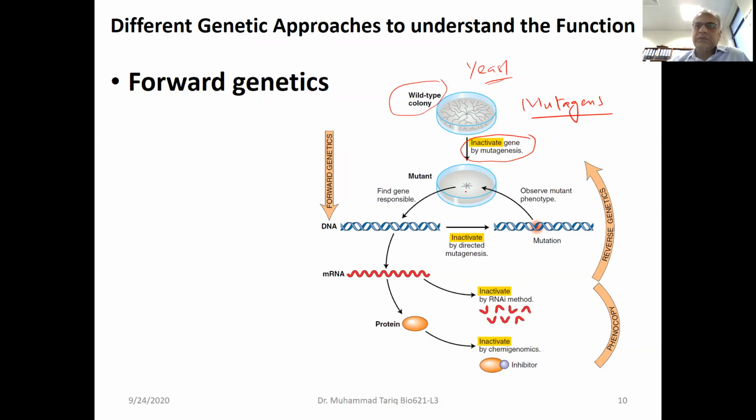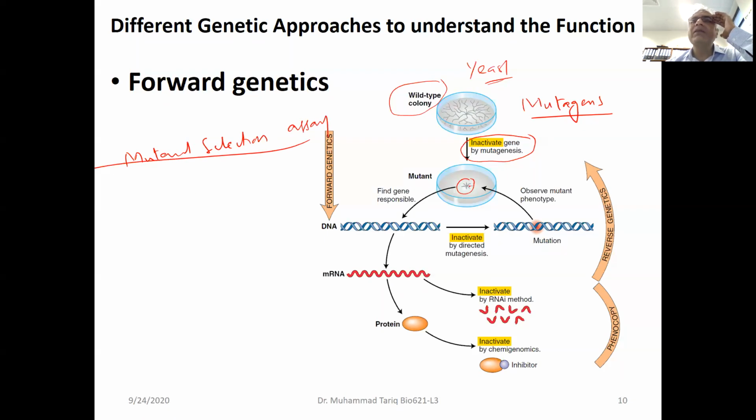And we see all the wild type, they die, our mutants somehow survive. We call this mutant selection assay.